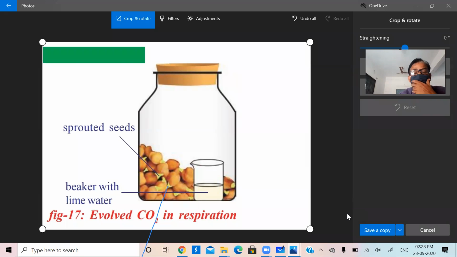These soaked seeds respire and produce carbon dioxide. That carbon dioxide enters into the lime water, and the lime water is converted into milky white. So this is the experiment to prove that carbon dioxide is evolved during the respiration.